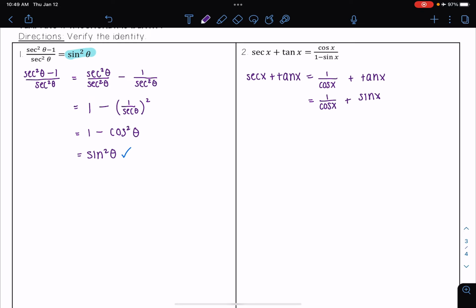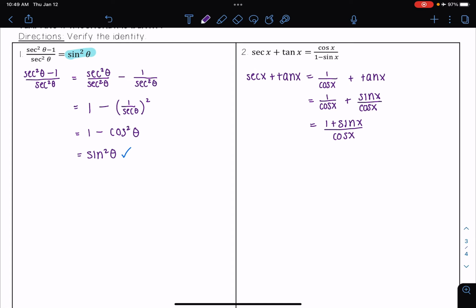Now I see that they have the same denominator, and since they have the same denominator, I can add the numerators. So I have 1 plus sine of x over cosine of x. Now somehow I need to get 1 minus sine of x into the denominator.